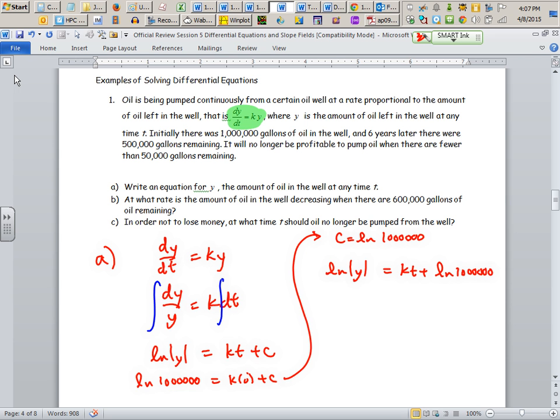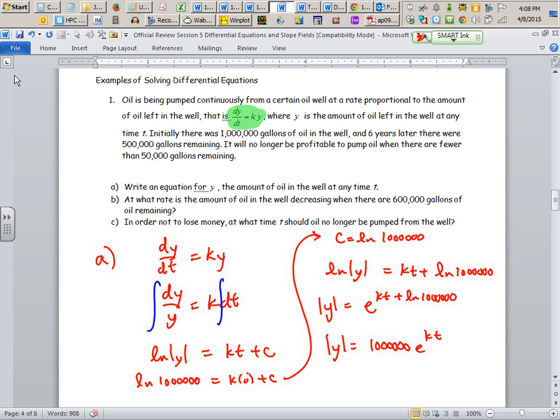E both sides. This time I'm not forgetting my absolute value. Last time we saw that you can separate this into e to the kt times e to the ln a million. In other words, this is just absolute value y equals a million e to the kt.